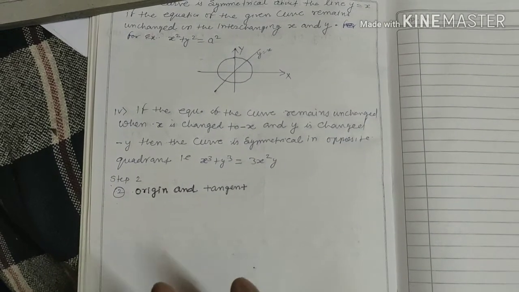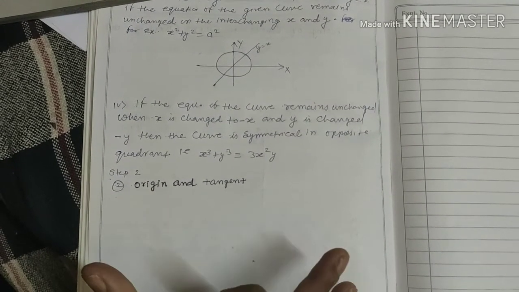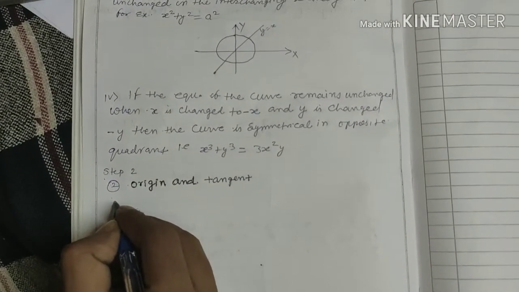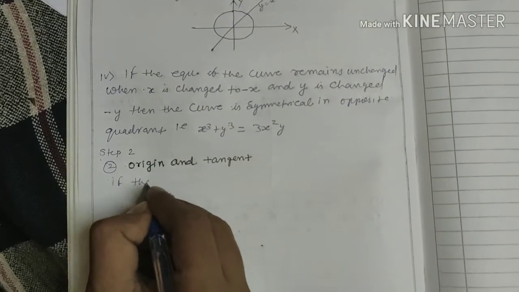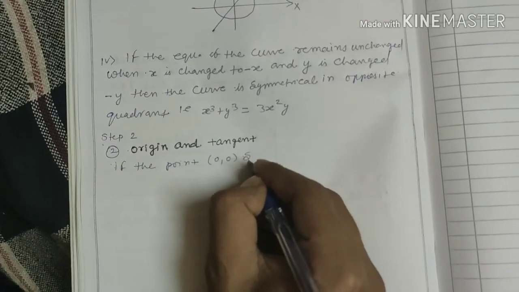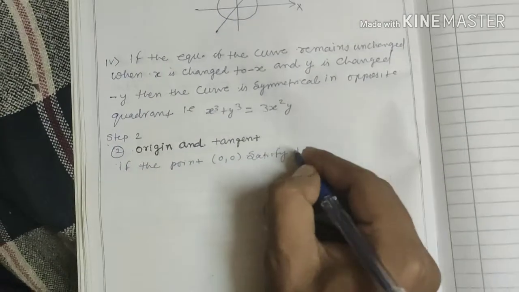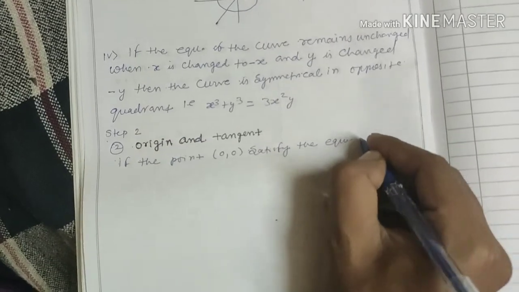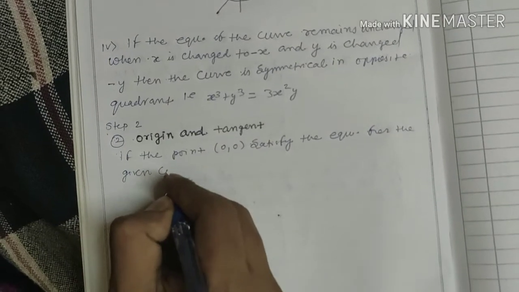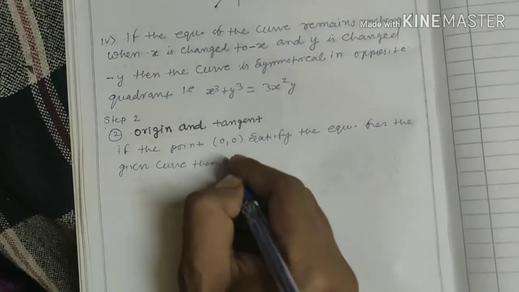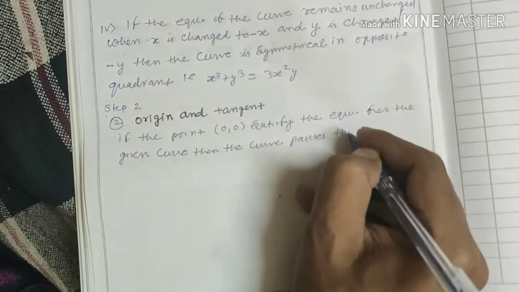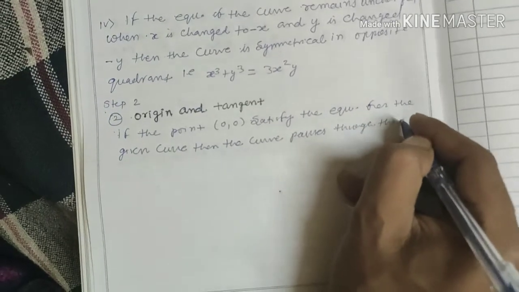We have to see the origin and tangent of a curve for tracing. If the point (0, 0) satisfies the equation of the given curve, then the curve passes through the origin.